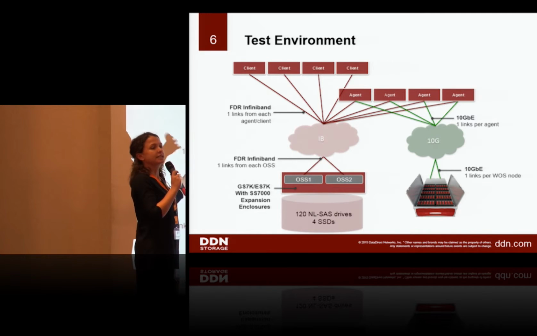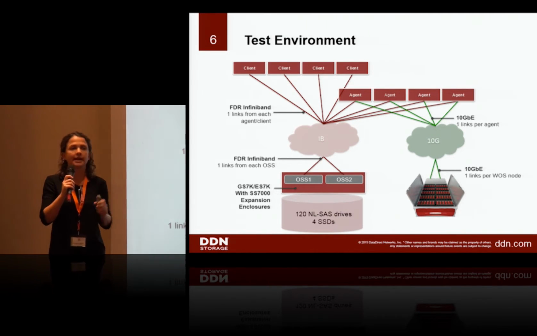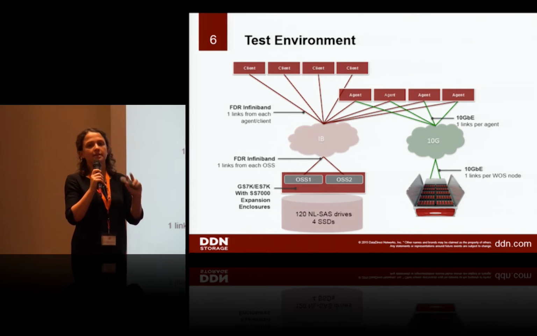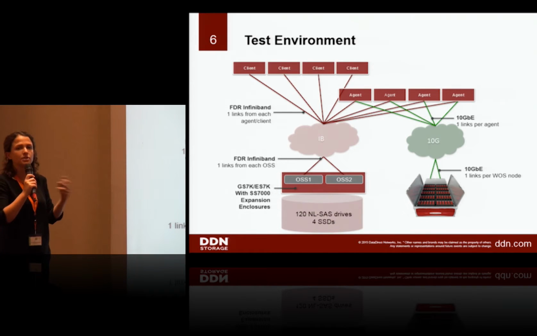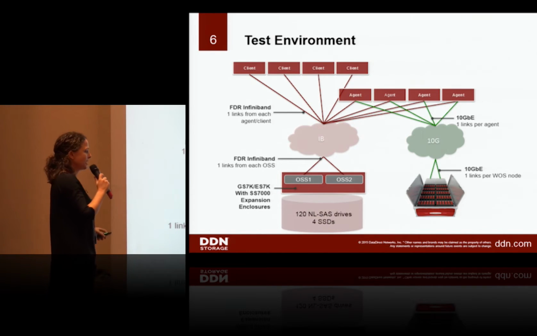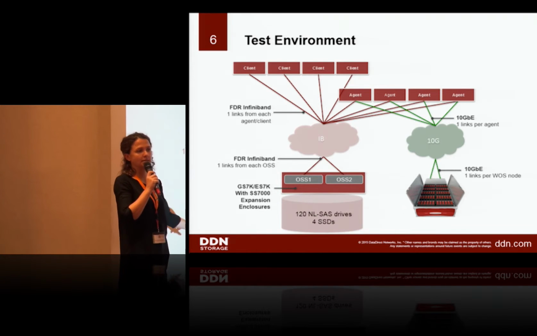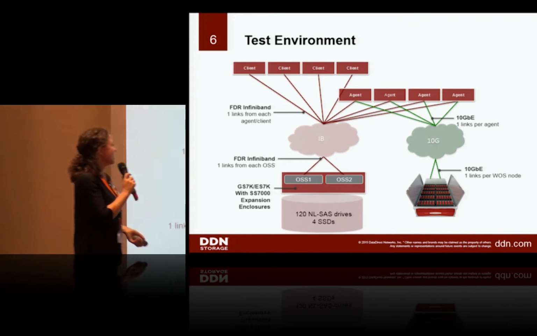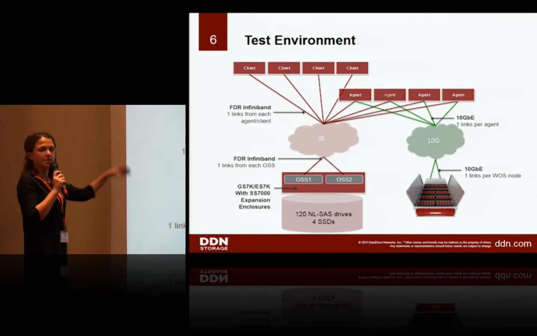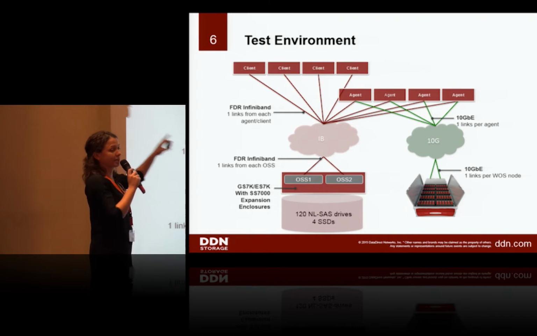This was a small Lustre file system where we were running a couple of OSS servers. These OSS servers were acting at the time like MDS servers. The storage had a number of nearline SAS drives for the OSTs and a few SSD drives for the metadata target. These servers are attached to the InfiniBand fabric, and we have a number of clients.